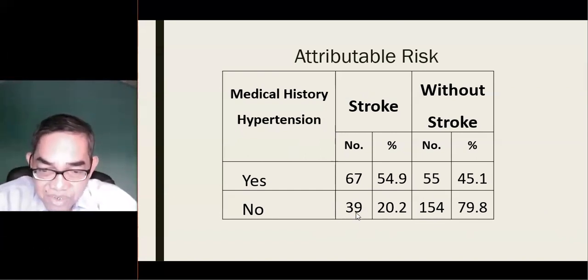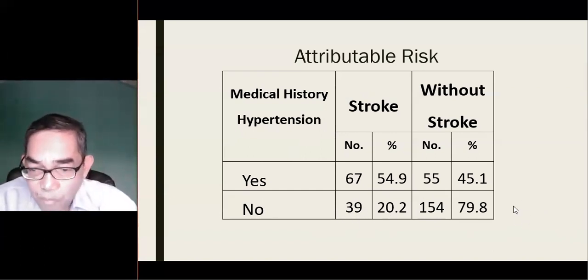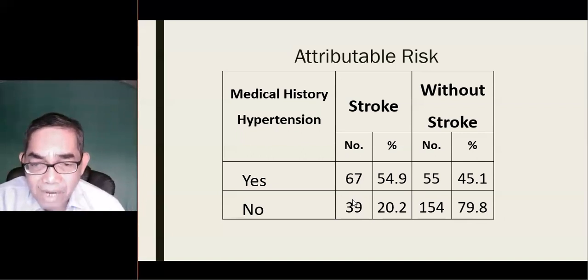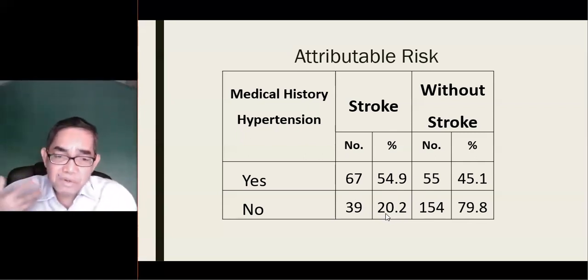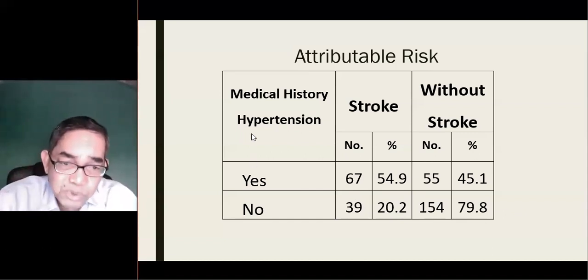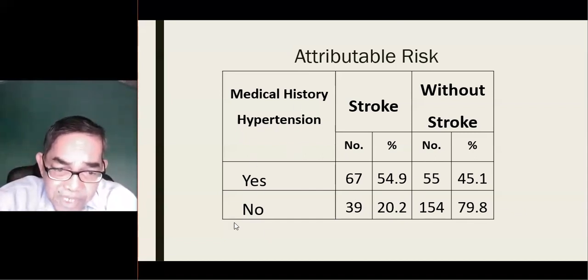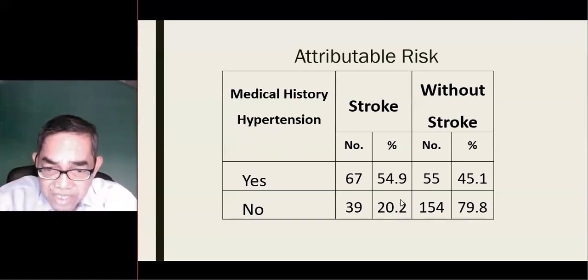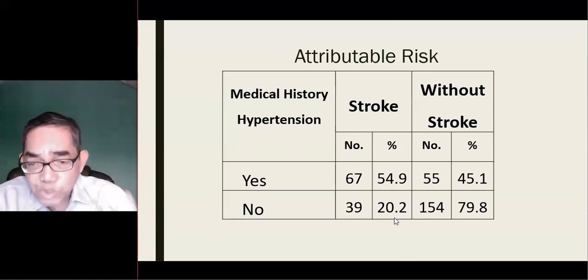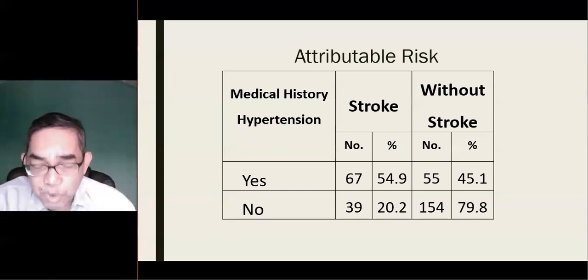Okay, so 39 of them out of the 193 develop stroke, or that is 20.2% of them develop stroke. You will note that even among those who don't have medical history of hypertension, there are 20.2% of them who will still develop stroke.